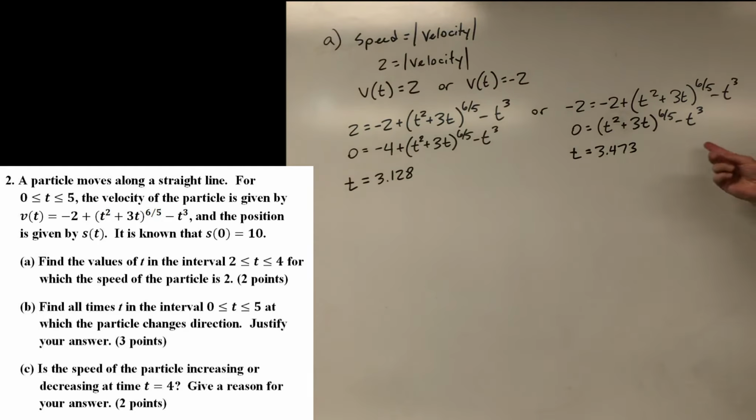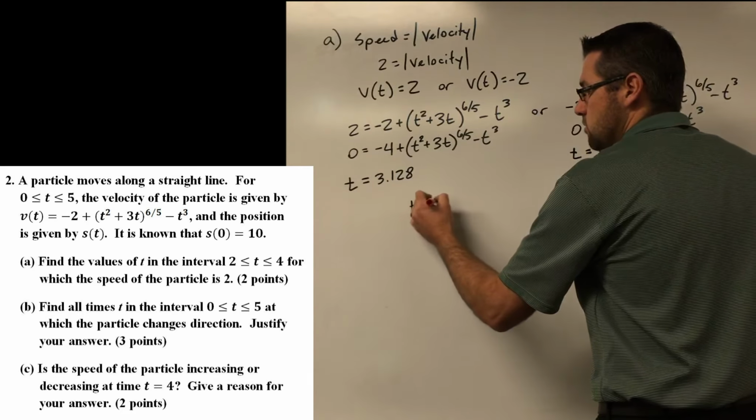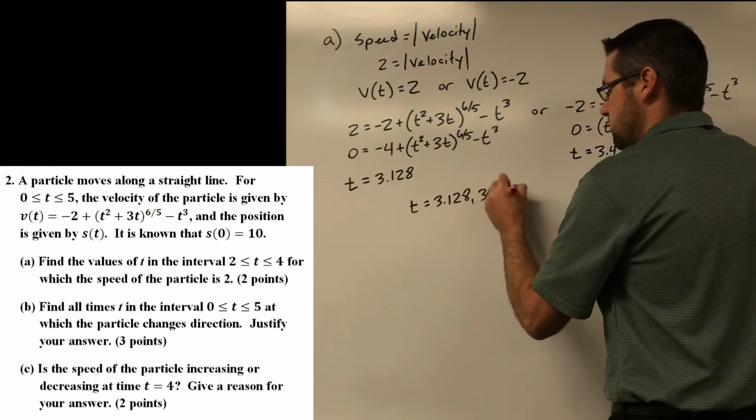Okay, Brendan, they don't agree with you. We'll figure out where your mistake is so you got it right. Okay, so is there any other places? Okay, so our final answers are when t equals 3.128 and 3.473.